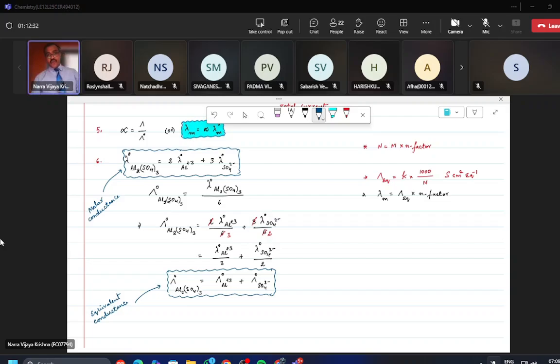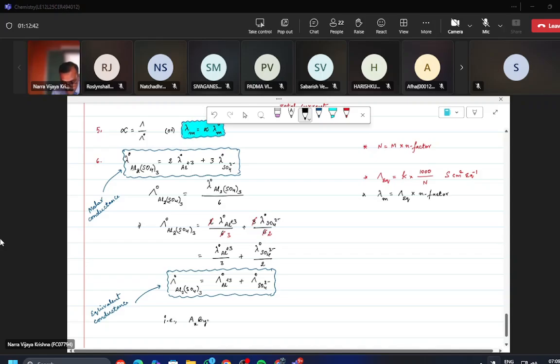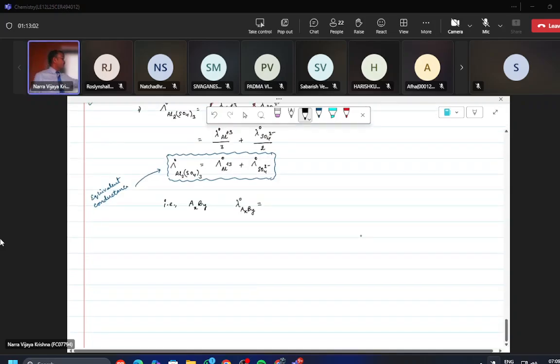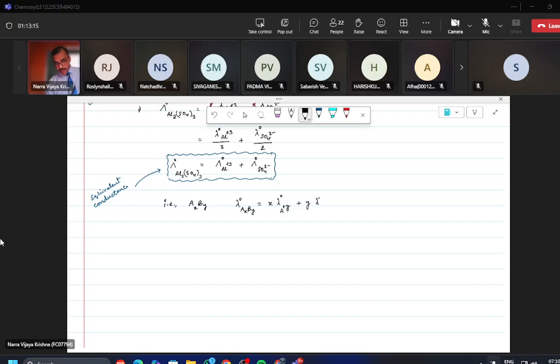For example, I am taking a salt AxBy. For this salt, if I want to calculate molar conductance, what will I write? x into lambda naught of A^y+ plus y into lambda naught of B^x-.